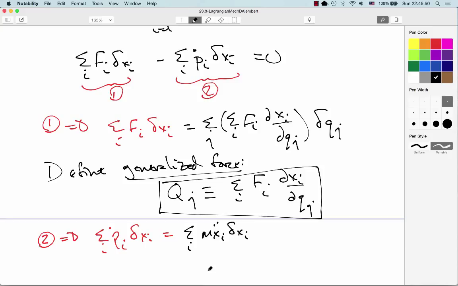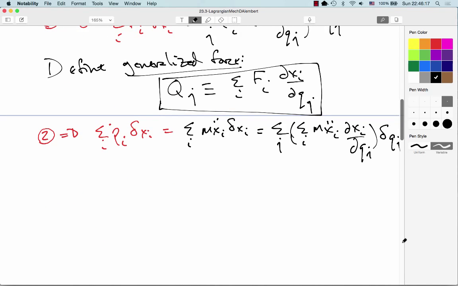And again, transforming this into our generalized coordinates, this will become a sum over j, sum over i, m xi double dot, partial xi partial qj. And now our virtual displacement will be in qj.